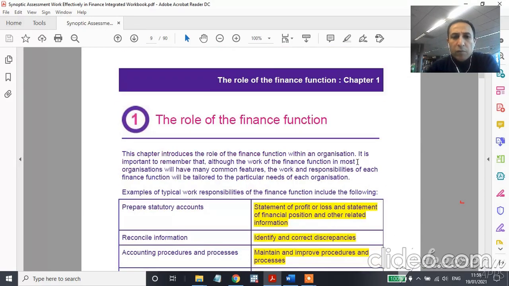First of all we will focus on the role of the finance function. What is their role, responsibility and accountability toward organizations?